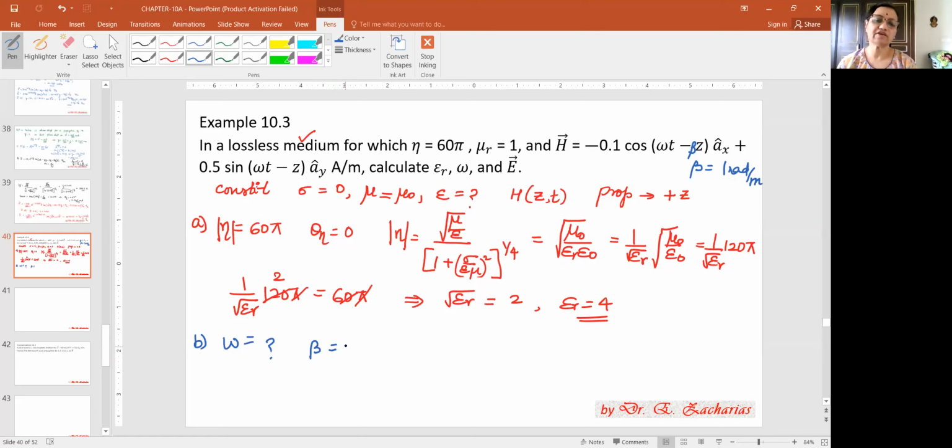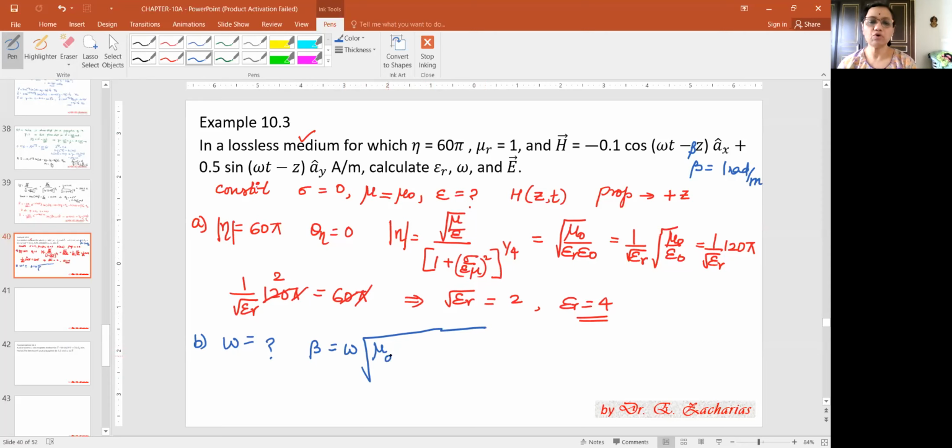Okay. The general equation is omega, then you have a large under root. Then you have omega into, I'm sorry, it's not omega. So omega is outside the under root, and then you have mu into epsilon.